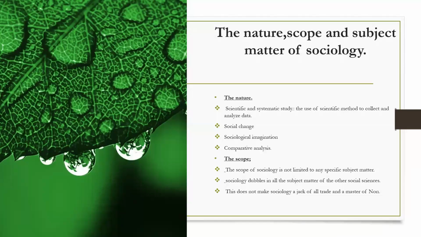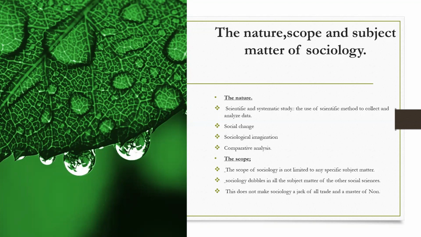The next thing that you also need to know as a sociology student is the nature, scope, and subject matter of sociology. You must know the nature. When we talk about sociology, what is the nature? What is the hallmark of sociology? Just as I said at the beginning, the nature of sociology is that the discipline is a scientific and systematic study.